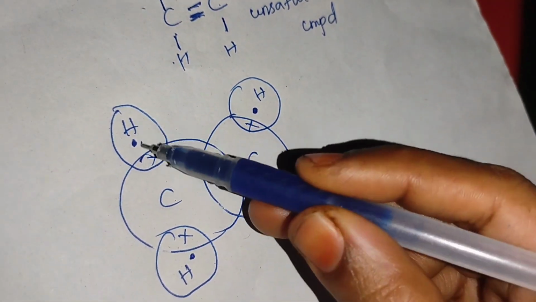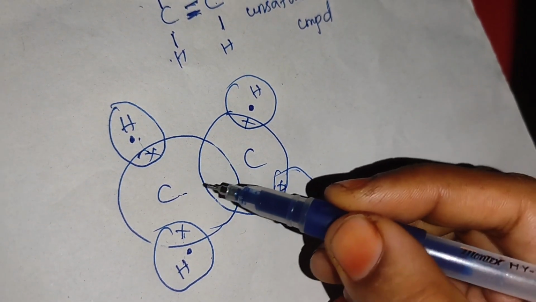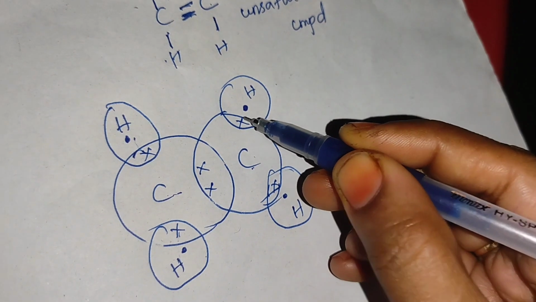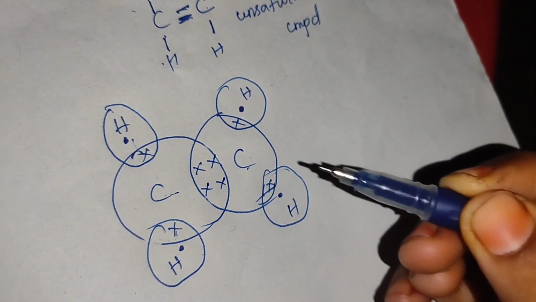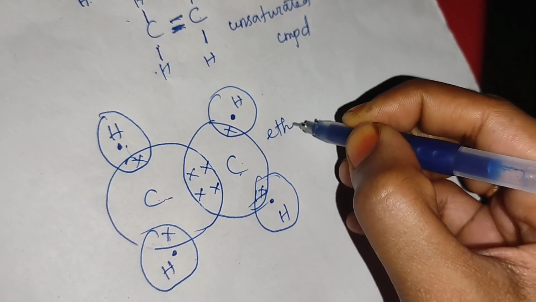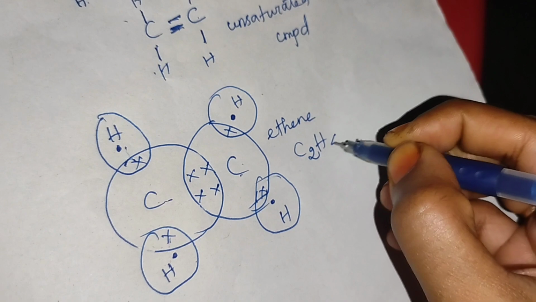So this carbon has 1, 2, and the balance 2 valency is here, so it has to share 2 electrons with this carbon atom. Like that for this carbon also, 1, 2, 3 and 4. So this is the electron dot structure for ethene, C2H4.